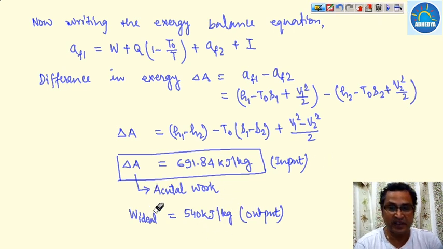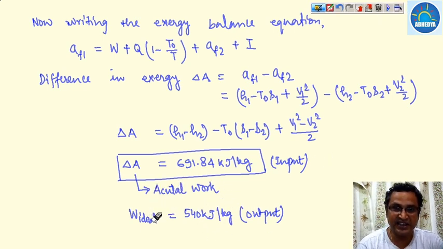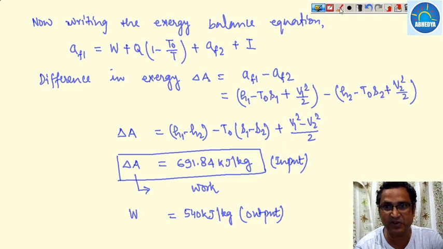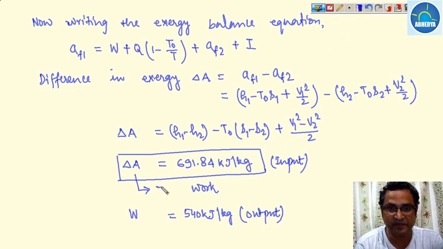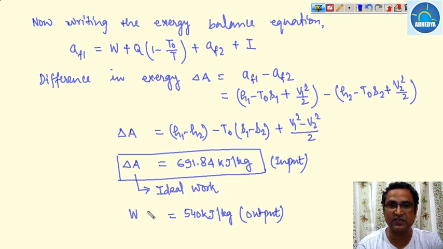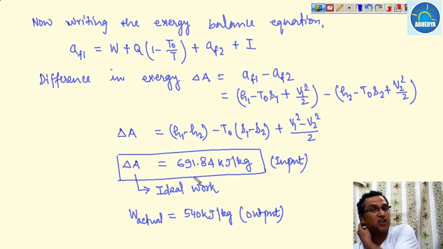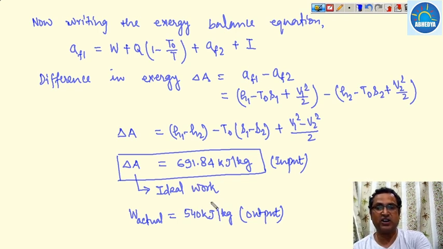Because this is what we are actually receiving, and here ideally this much amount of work can be done. Ideally this amount of work can be transferred, but actually it has been transferred this much, which is just because of friction and because of irreversibility.